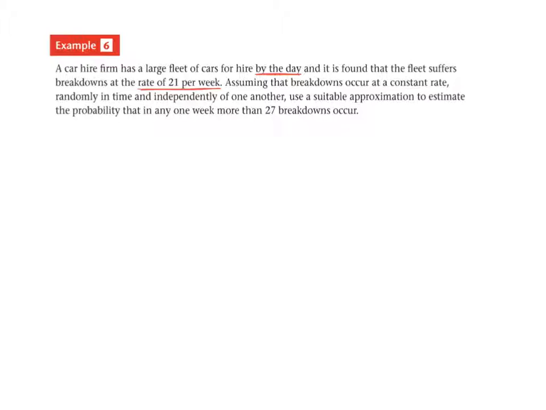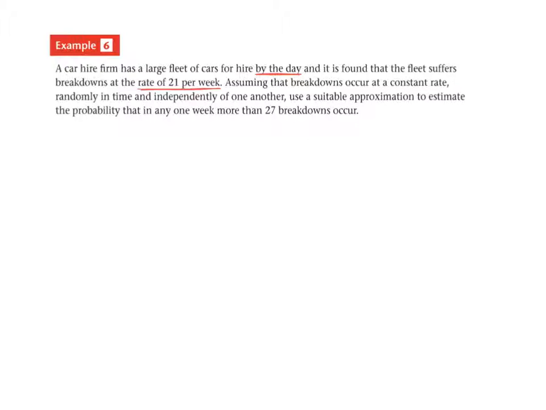So as soon as I've got a rate in there, I know that that is going to be the Poisson. Assuming that breakdowns occur at a constant rate, randomly in time, and independently of one another, use a suitable approximation to estimate the probability that in 1 week more than 27 breakdowns occur.